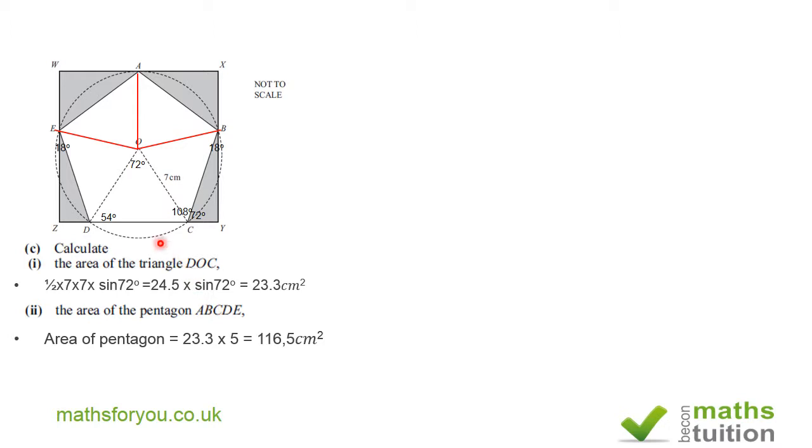Now, next we're supposed to find the area of this sector here. The area of this sector will depend on, firstly, the area of the circle, and secondly, the angle subtended at the center by the arc CD.